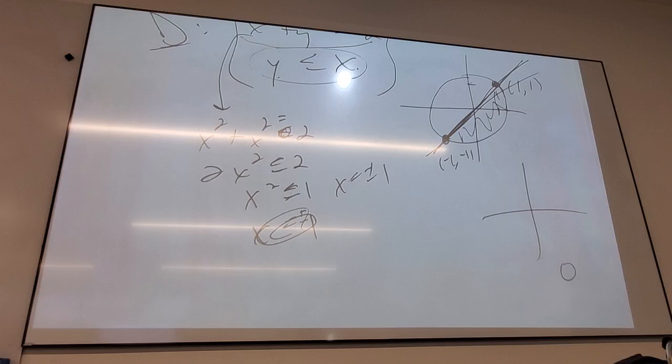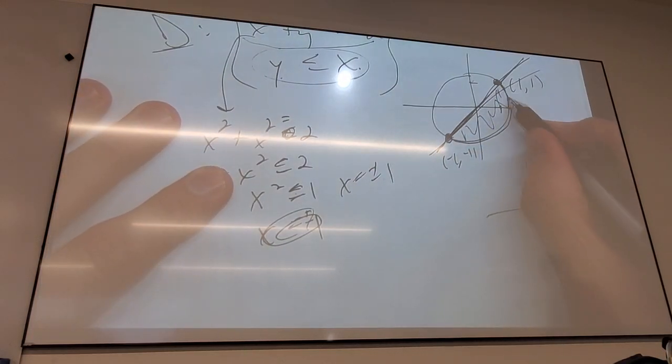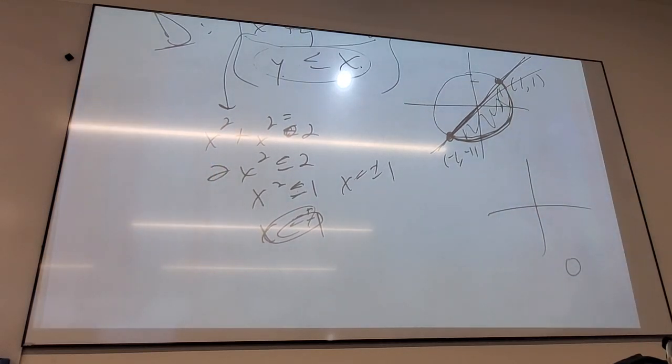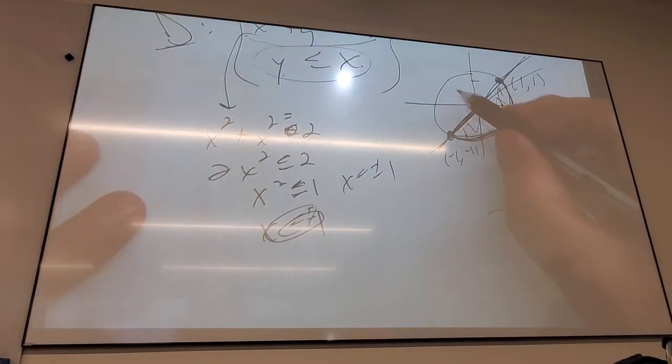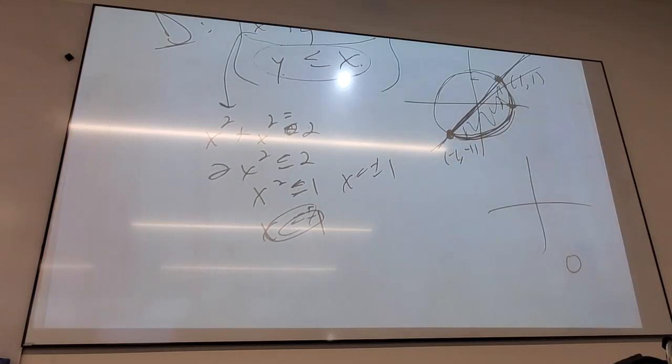So if I try to do this with rectangular coordinates, how do you define this? Do you see how you immediately run into a problem? Because I can define the top half of a circle, I can define the bottom half of a circle. Right there, I'd have to break it up.